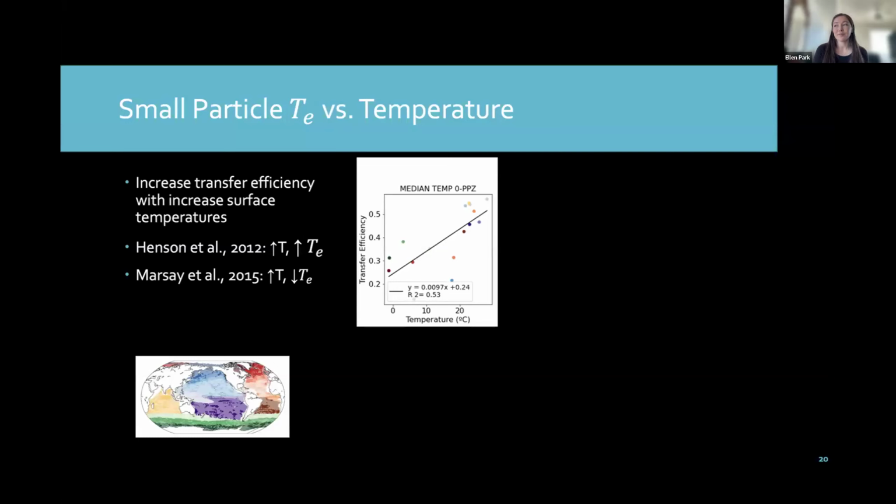But sometimes more classically, we would expect, and other papers have found as well, that when we're increasing temperature, we would expect a decrease in transfer efficiency because there's higher rates of respiration with temperature. But we'll compare how it looks when we're looking at the depth values in a little bit, but just something to keep in mind. But also, we can compare how the transfer efficiency varies with other biogeochemical parameters.